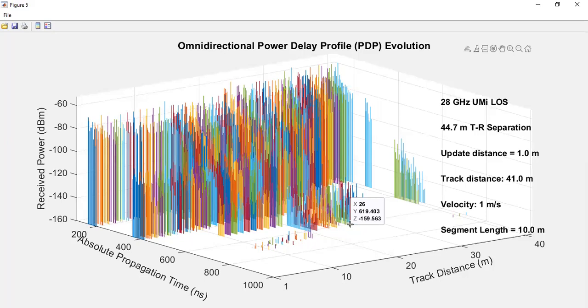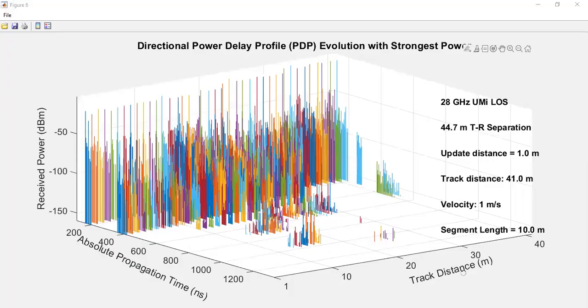In this case, you consider omnidirectional antennas in figure 5, and in figure 6, it's a directional antenna. I think it is for directional antennas. Yeah, it says directional antennas.